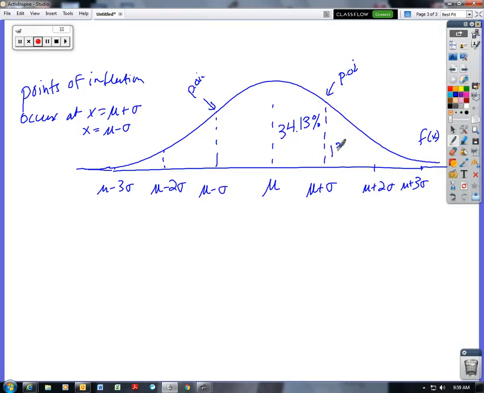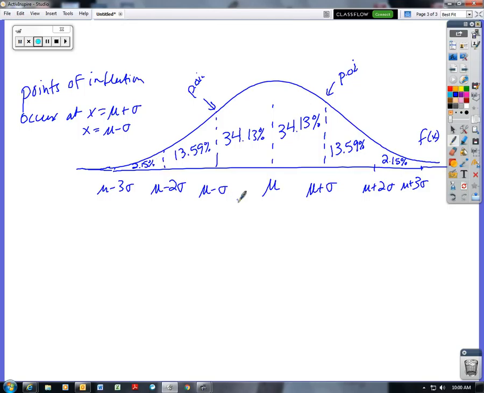This area is 13.59%. This one is 2.15%. And since it's symmetrical, you have the same deal on the other side as well, and 2.15%.